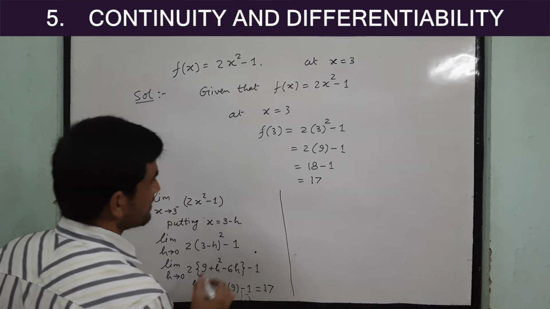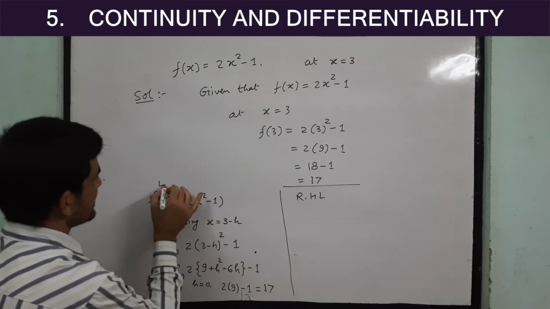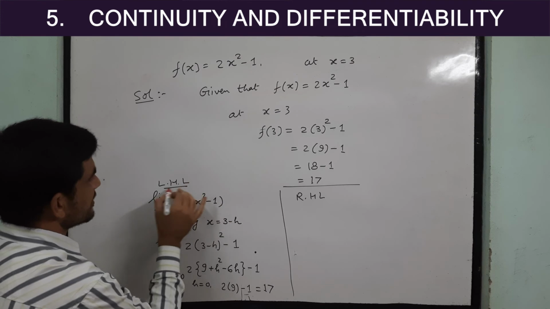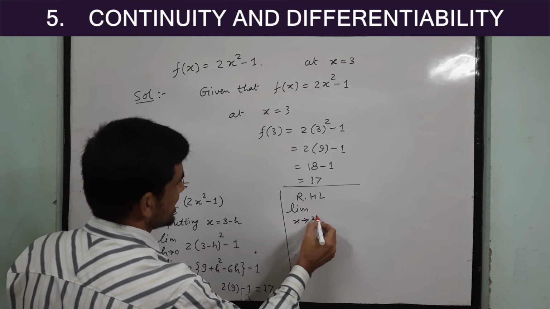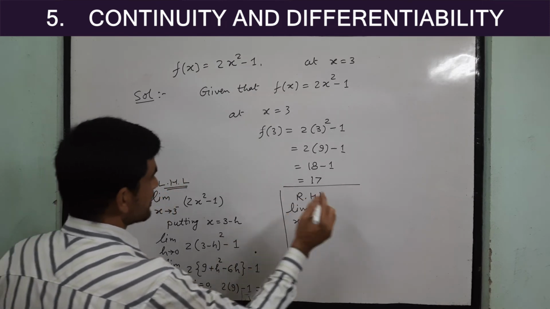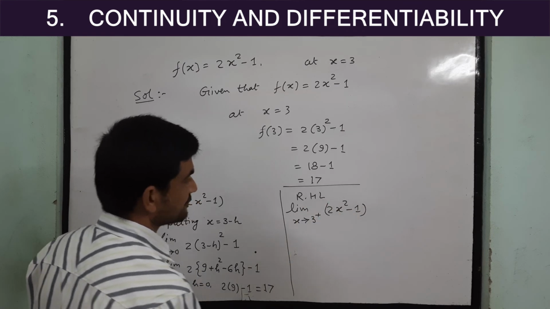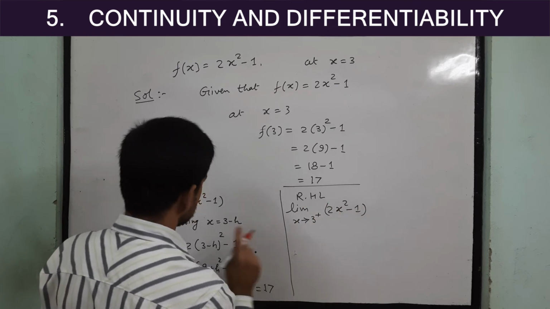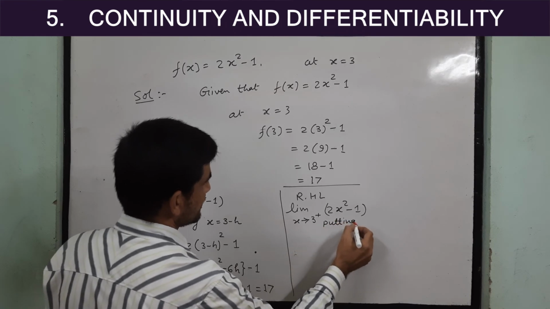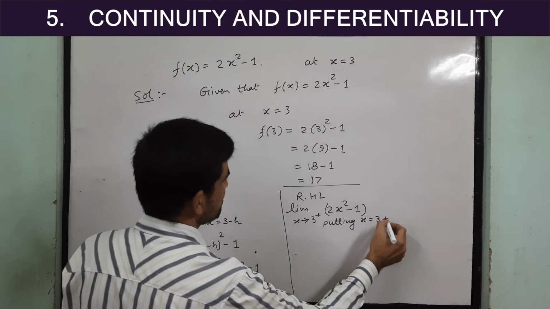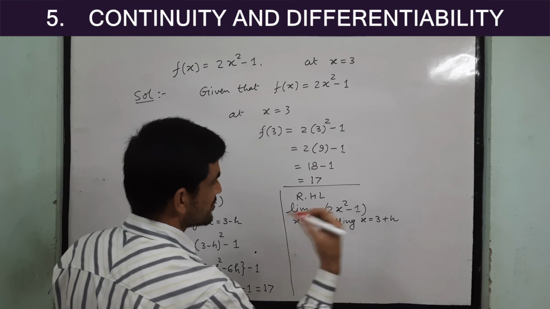And also the right hand limit, which we have to solve: limit x tends to slightly more than 3 of 2x² − 1. Here we put x = 3 + h, where h is a very small value approaching 0.